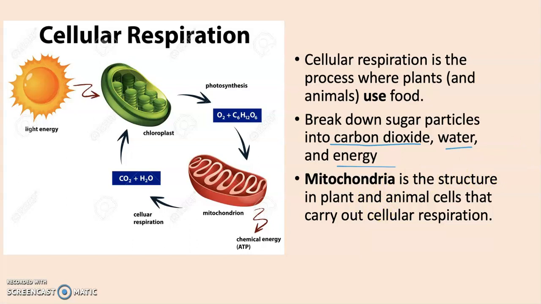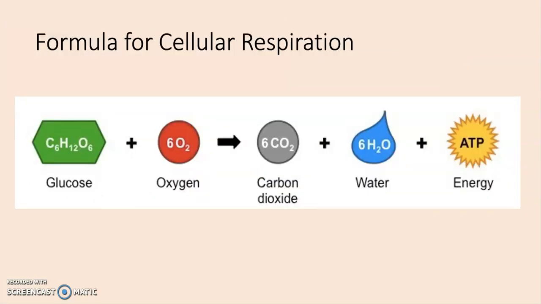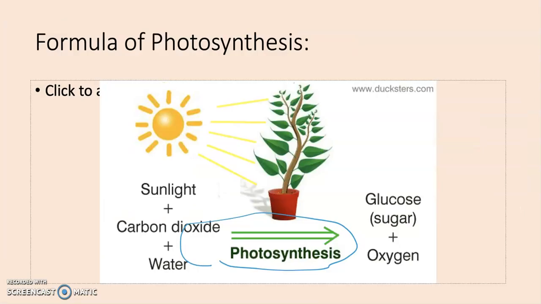Again, cellular respiration is the reverse of photosynthesis. We have the energy now, we need to use the energy. This is our formula. Sugar plus oxygen will equal carbon dioxide, water, and energy. They are reverse operations. Right? We go up, photosynthesis, sunlight, carbon dioxide, water.